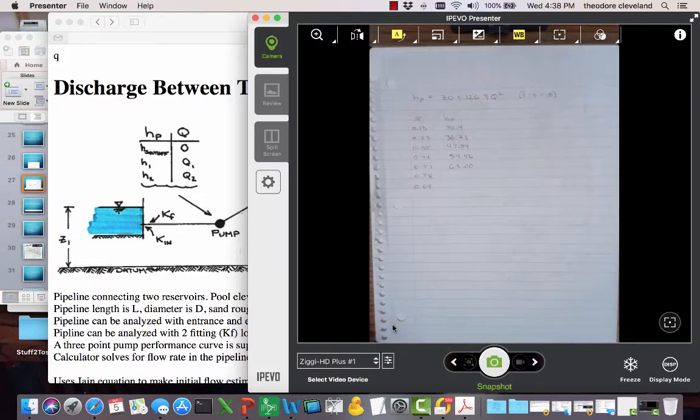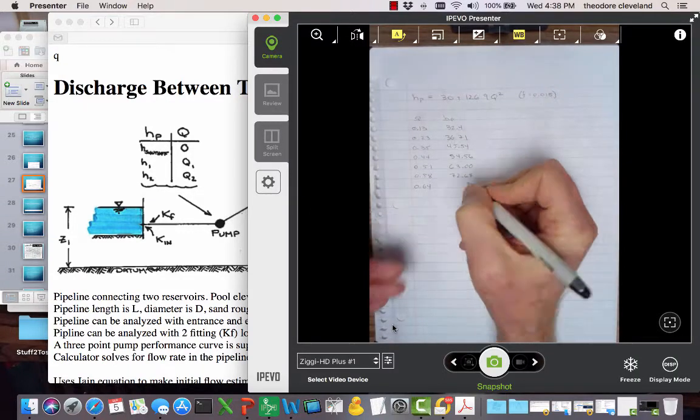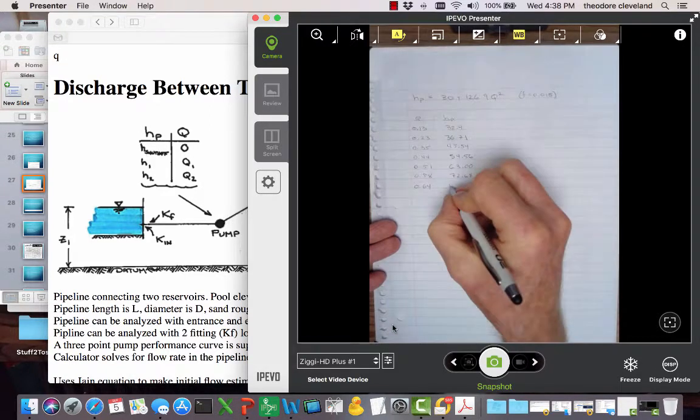Then 0.58 squared times 126.9 plus 30 equals 72.68. And last one, 0.64 times 126.9 plus 30 equals 111.2.